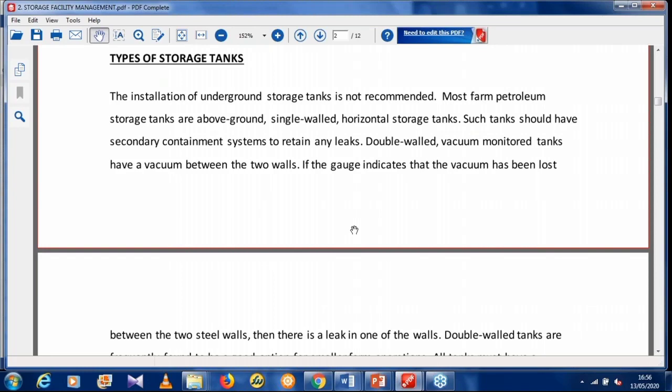Then we have some other installations on these tanks during construction, like pressure gauges, temperature gauges, and level gauges that help to determine the level of the fluid or content inside.